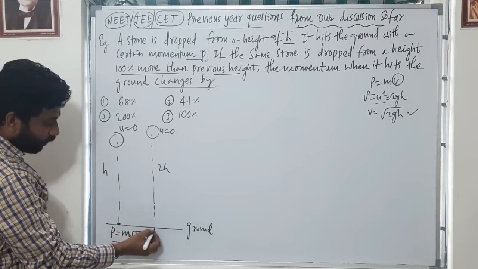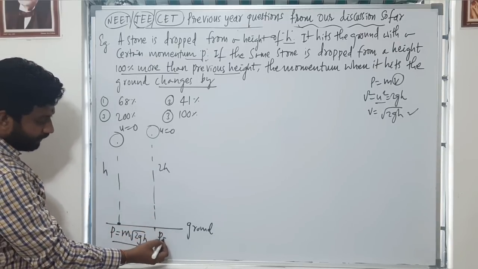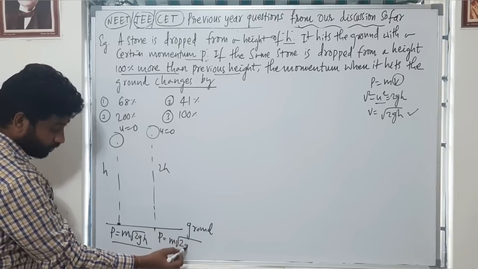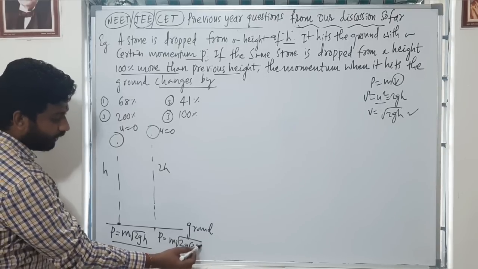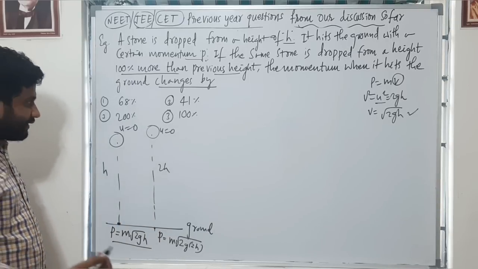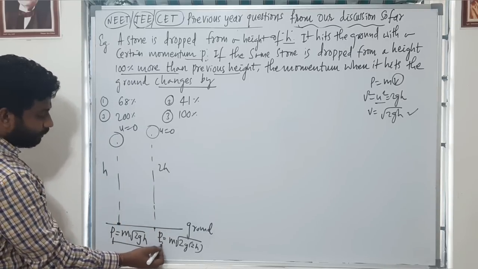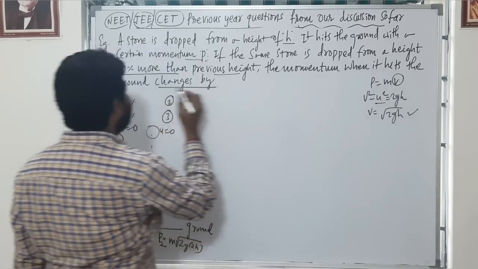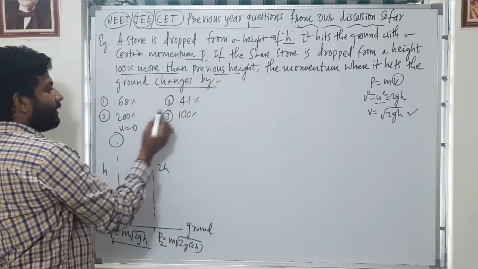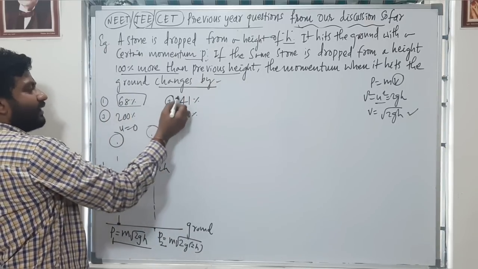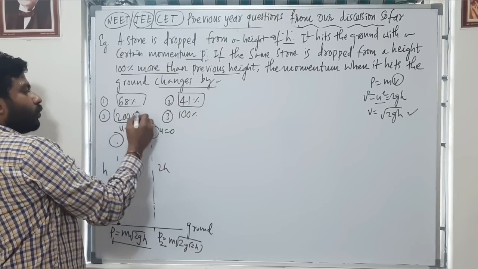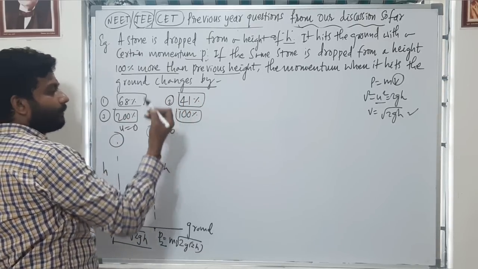Imagine at this point the momentum P is equal to m into root 2g into 2h. If you consider this is P1 and this is P2, what is the question? The momentum when it hits the ground changes by. Percentage change they are asking. The options are 68%, 41%, 200%, 100%.